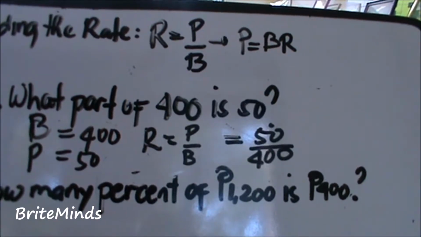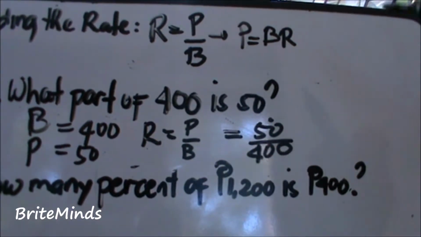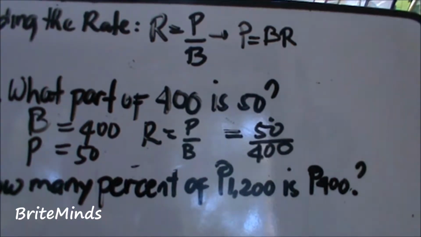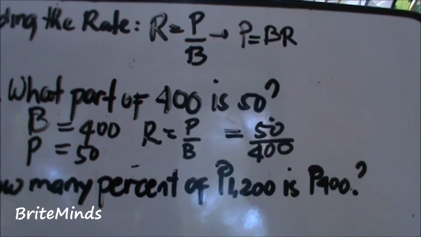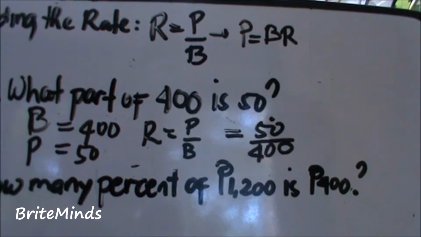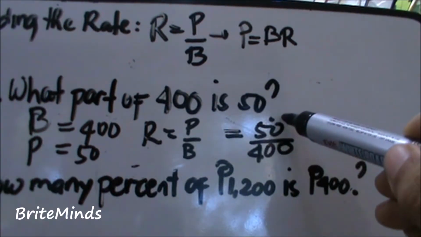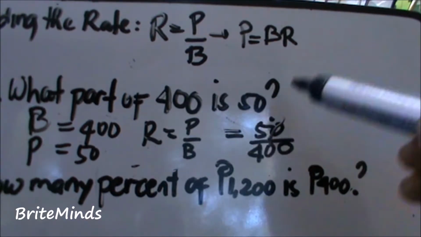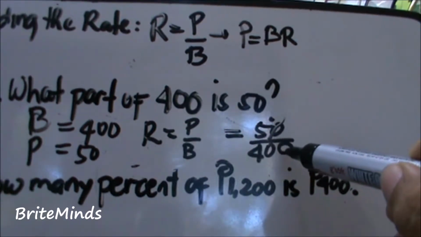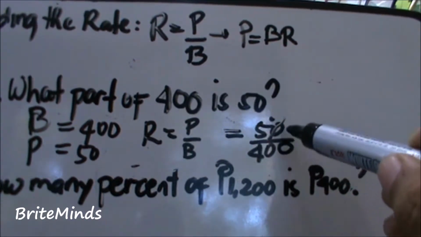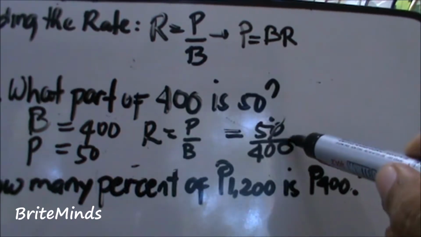So how am I going to do this? What I will do is cancel out some zeros. I have one 0 in the numerator. Cancel this one, and I have another 0 in the denominator.